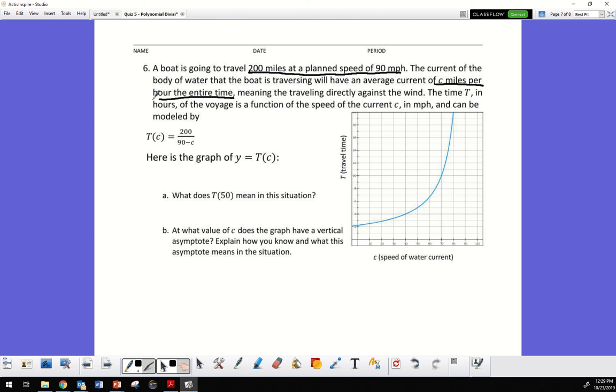The time t in hours of the voyage is a function of the speed of the current c in miles per hour and can be modeled by this. So that's important. It's a long word problem that has a whole bunch of stuff that you really don't need, right? So, we have this right here.